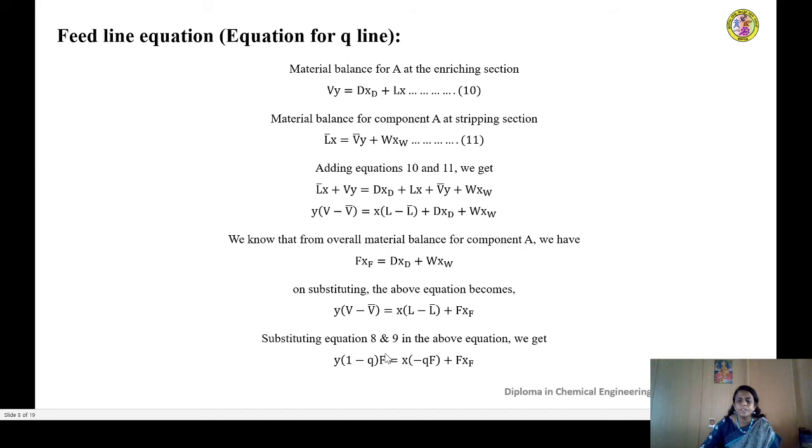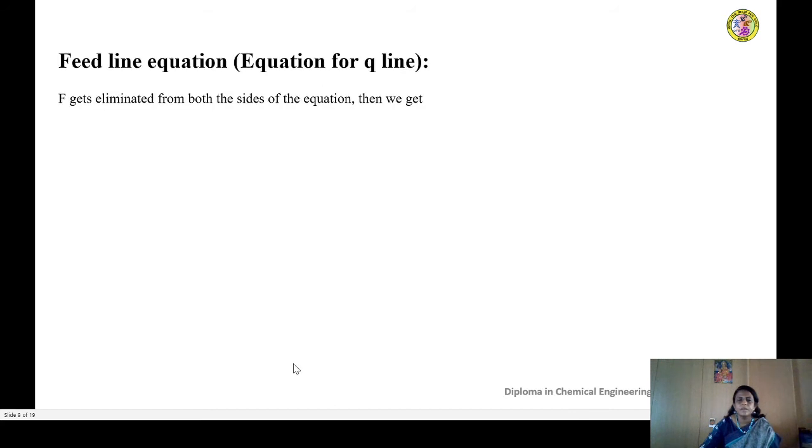Now F is a common term in both the terms on the right hand side. You can take that F outside and get it cancelled with the F on the LHS. So you can eliminate F from the equation. After eliminating F, what you have is Y into 1 minus Q on the left hand side, X into minus Q on the right hand side plus XF.